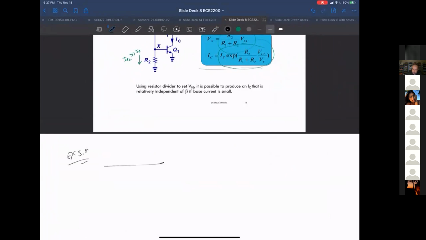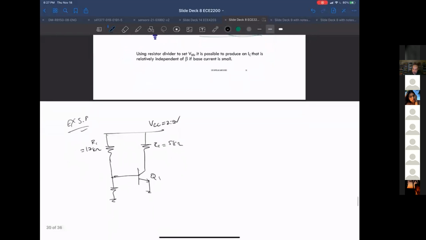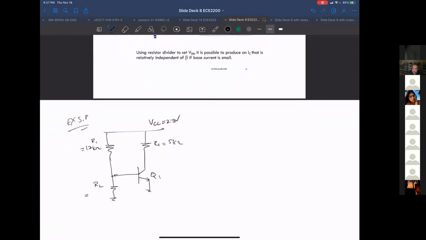Very similar: VCC is 2.5 volts, I've got R sub C of 5 kilo ohms in this case, I have a Q1, and then R1 is 17 kilo ohms and R2 is 8 kilo ohms. This is V sub X.